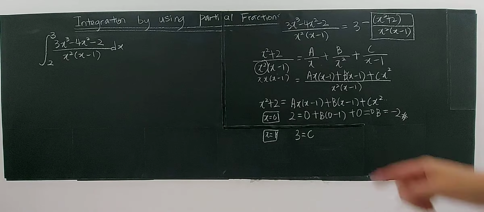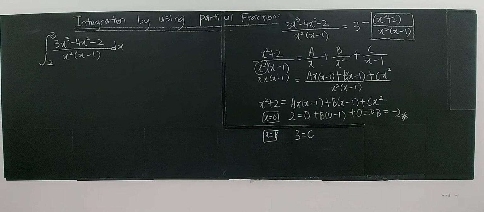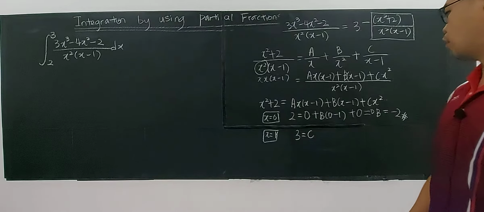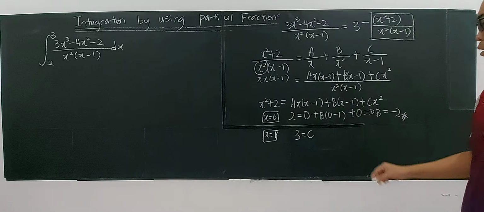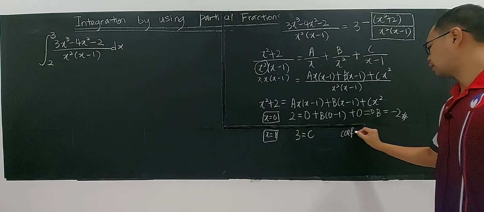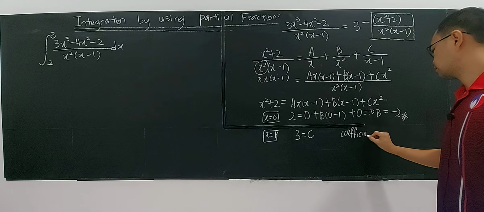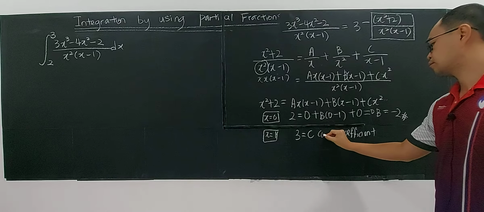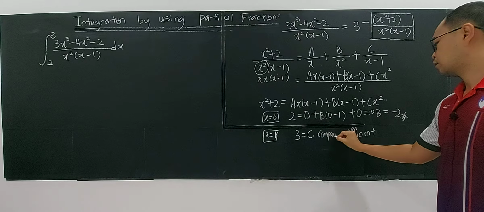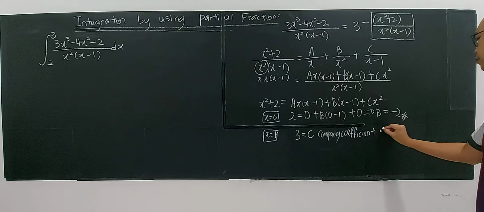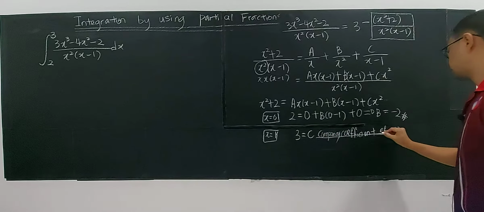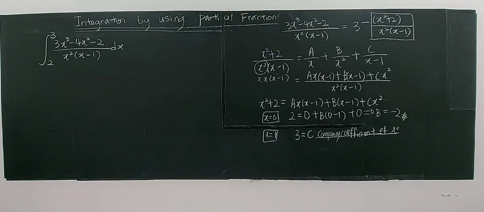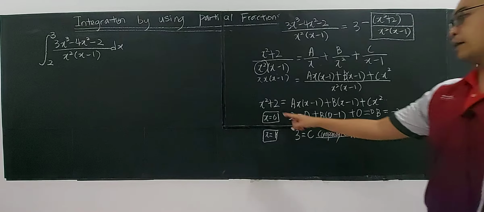Then, after choosing 0 and 1, you can also use the method of comparing coefficients. Because this is very simple, without expanding you can compare the coefficient of x to the power of 2.